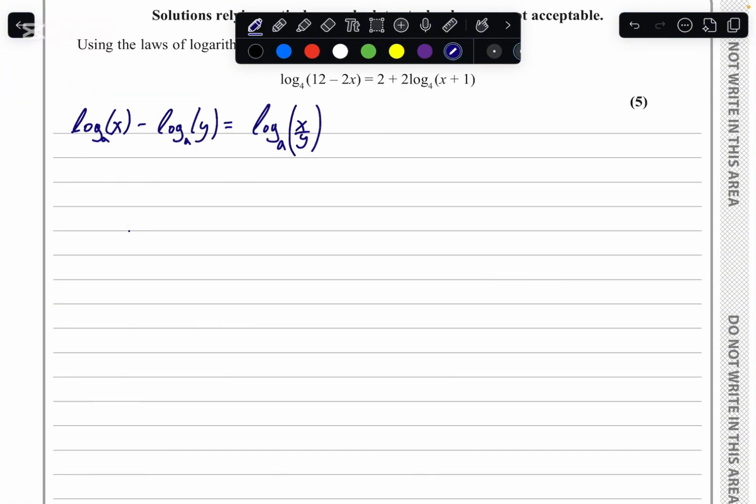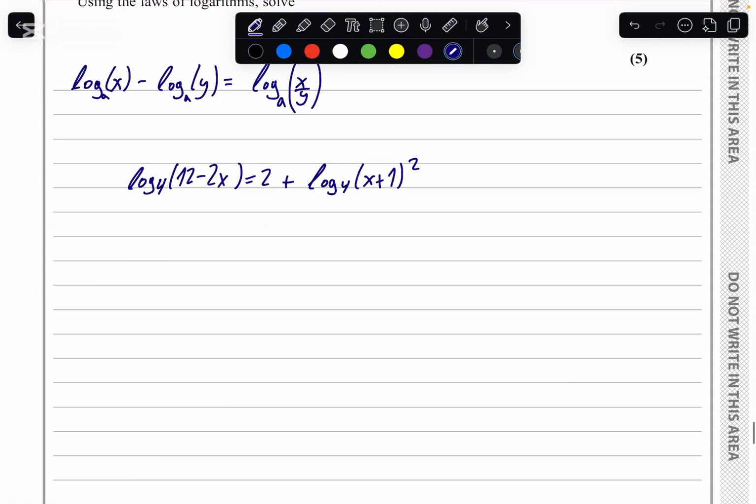So if we go ahead and use that, we can find the answer to that question very easily. We know also that when we have a number in front of the log, we can move that number and put it as a power in front of the bracket of the log.